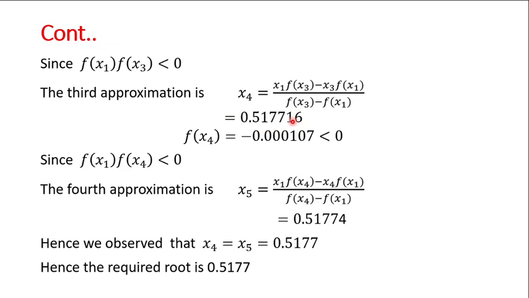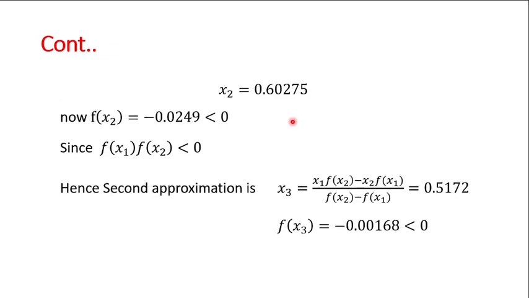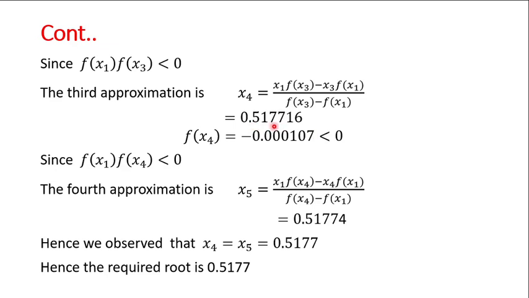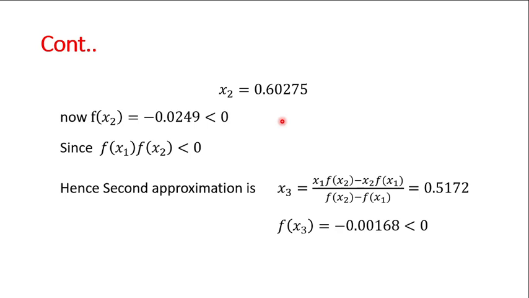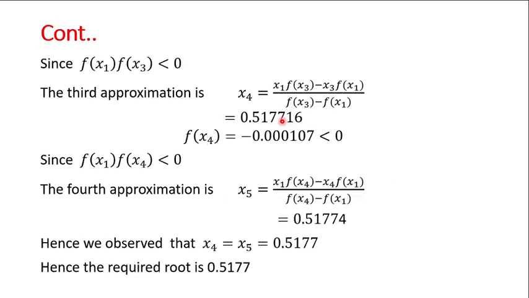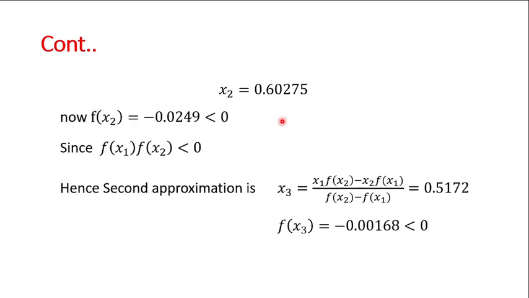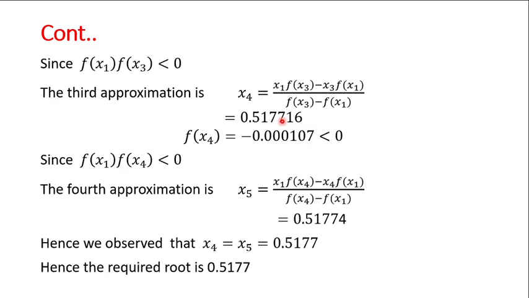Again, comparing with the previous term x3, here x3 is 0.5172 and x4 is 0.5177. Up to the third decimal, we have the same value 0.517, but the next digit is 7 here, and 2 in the previous. Here we have to find it up to the fourth decimal. Therefore, we go to another approximation, that is x5.